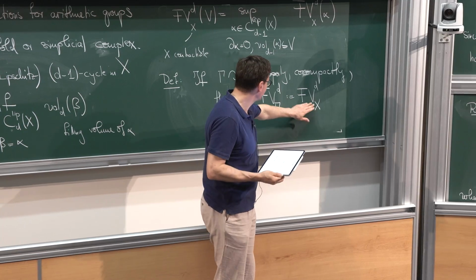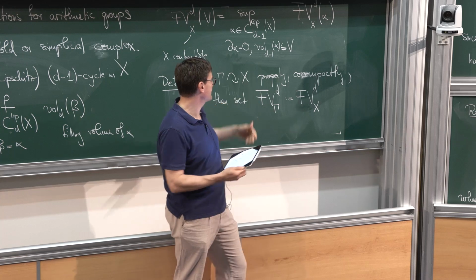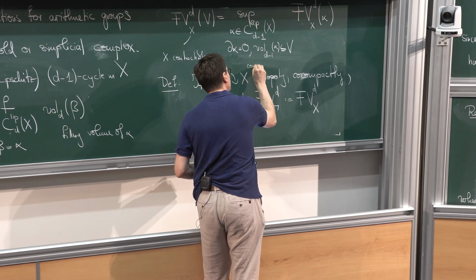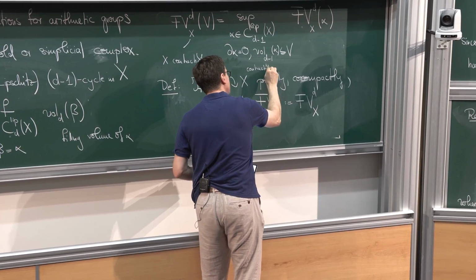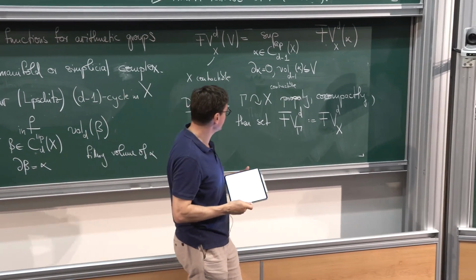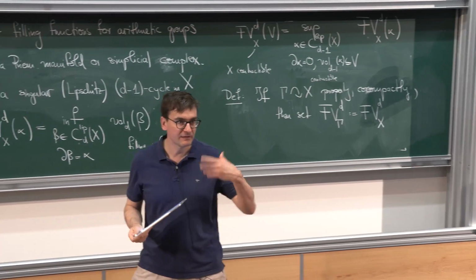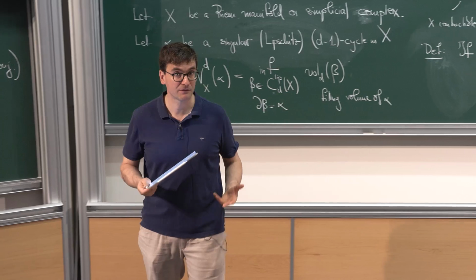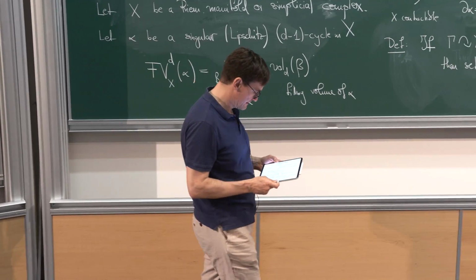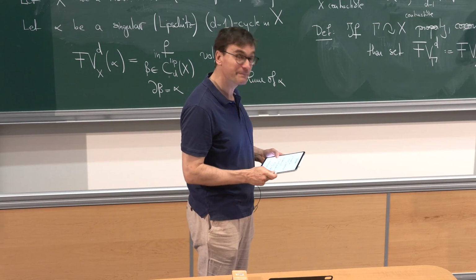So asymptotically, this does not depend on the choice of contractible X on which gamma acts properly co-compactly. The asymptotics will be well defined, and therefore it makes sense to define it as the filling function of gamma. This will be a nice, well-defined quasi-isometry invariant. But co-compactly is important here.